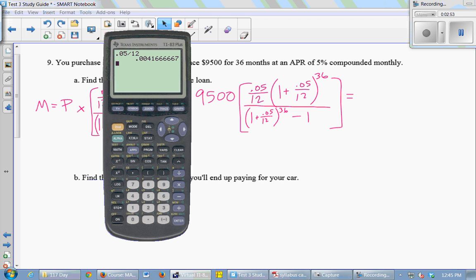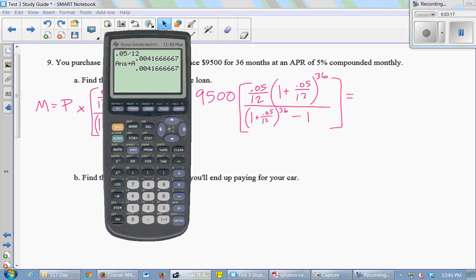I'm just going to store that number because it's kind of a long decimal. So I'm going to store that as the letter A. Many calculators have a way to store a number. In fact, nearly all calculators do. If you can't do that or you don't want to figure out how, just write down the long decimal. It's going to look messy, but it will work.